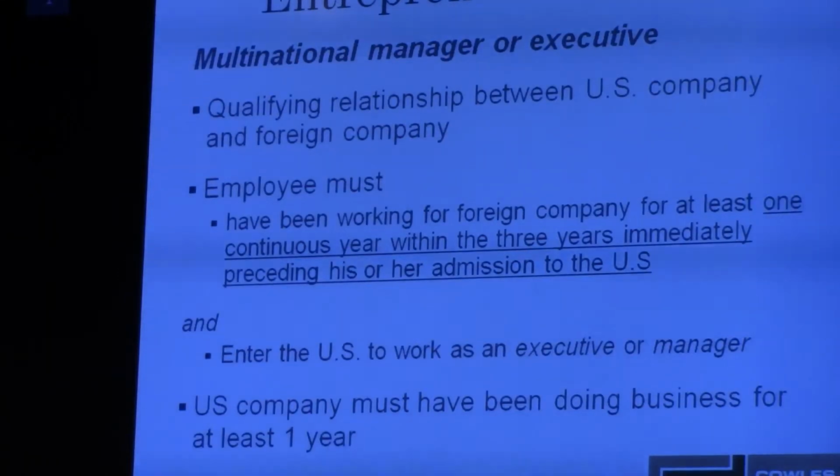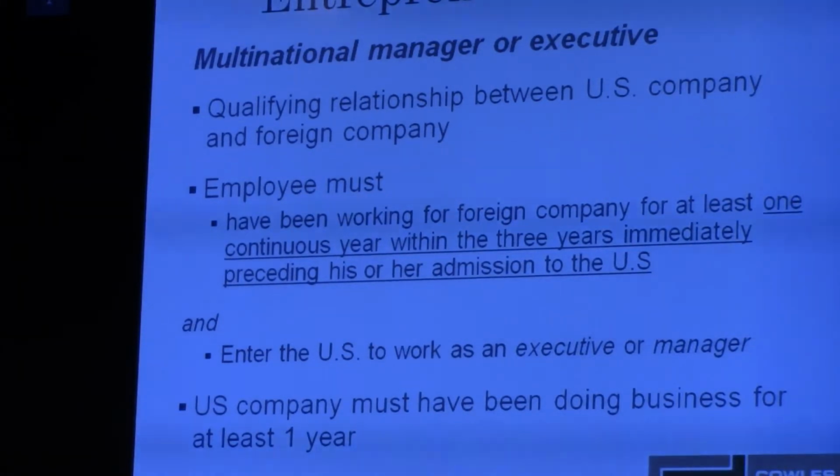So the employee must have been working for the foreign company for at least one continuous year within the last 3 years. That sounds exactly the same. And must be entering to work as an executive or manager. So the L1B is not going to qualify for this leap over to an immigrant, necessarily, under the multinational manager or executive, as the title would lead you to believe.